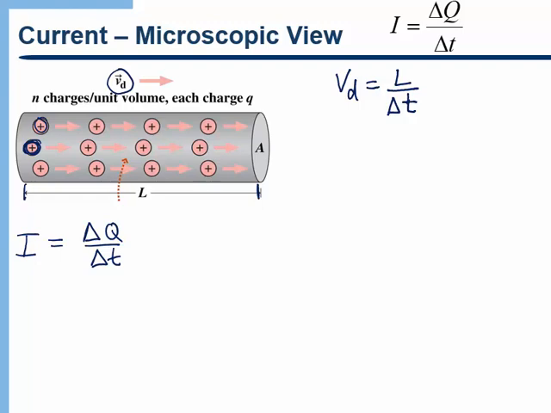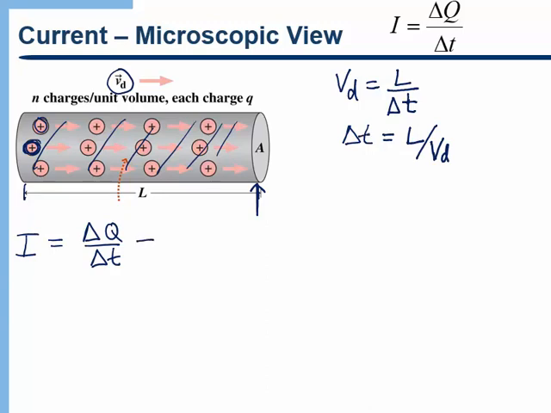That would be equal to the velocity of that charge. And I'm going to flip this around and say the amount of time it takes for all of the charges in this section to get past this point in the wire is L divided by the drift velocity.